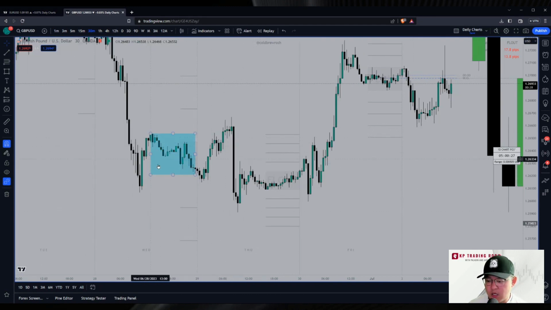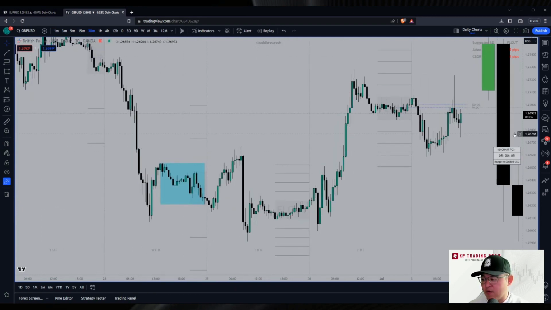So we have accumulation of orders, then we have a buildup of buy stops, and then the market's going to manipulate up to trigger those buy stops. And then they're going to distribute those orders. So that's our power of three concept.